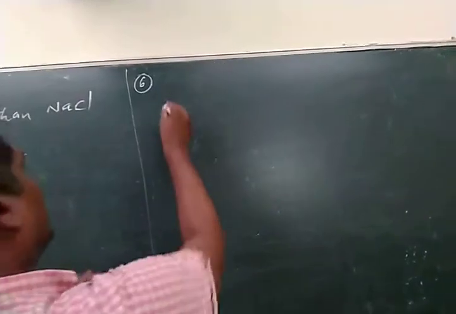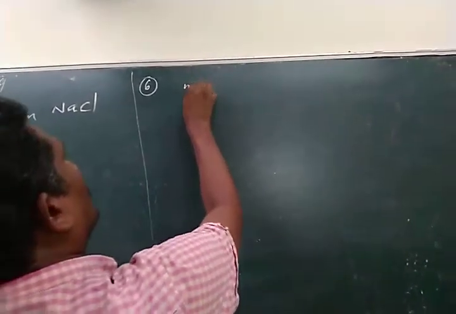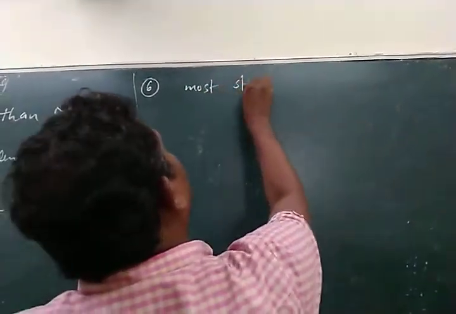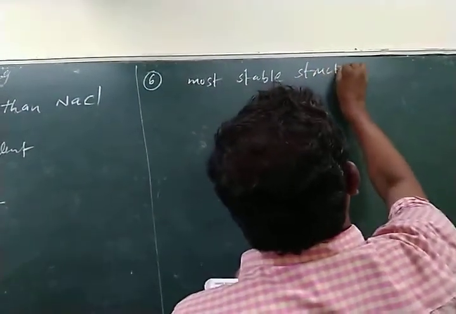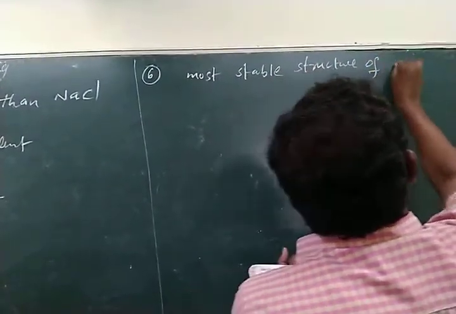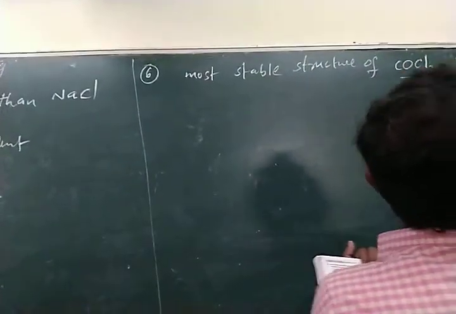Question number 6. Select the most stable structure of COCl2. This is the 2016 TS question: the most stable structure of COCl2.